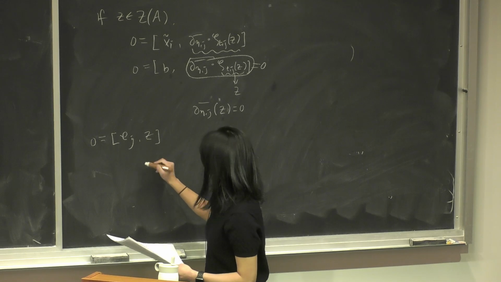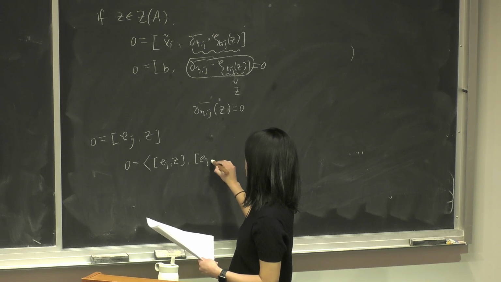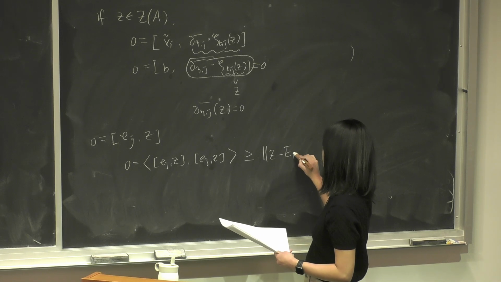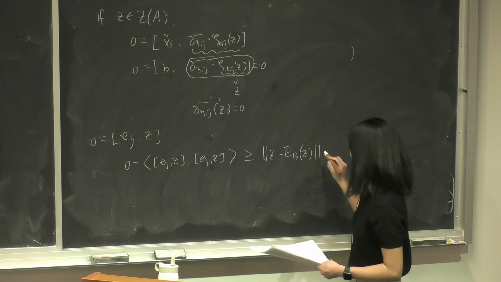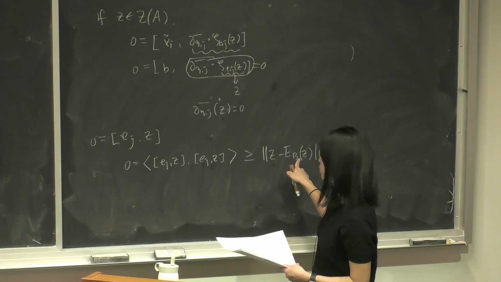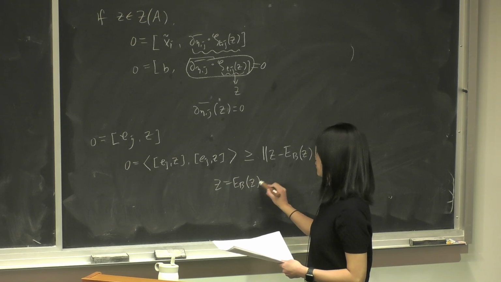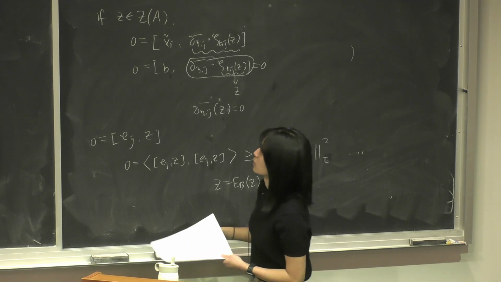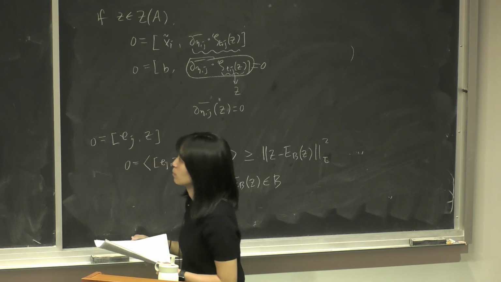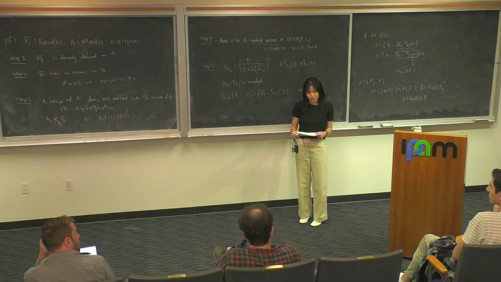By using this, then you can show 0 is this, and this is bounded below by the norm of Z minus conditional expectation of Z. Hence, Z has to be equal to E_B of Z, which is in B. So an element in the center of A is in B, and by the definition of A, the other way is immediate. I would stop here. Thank you.